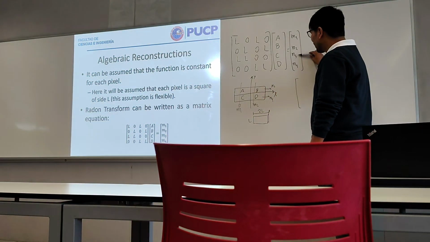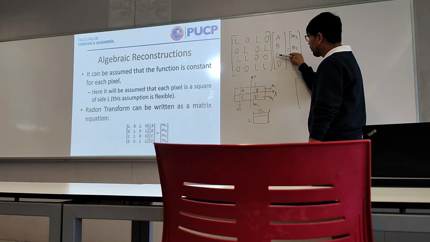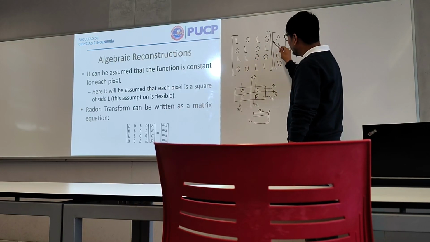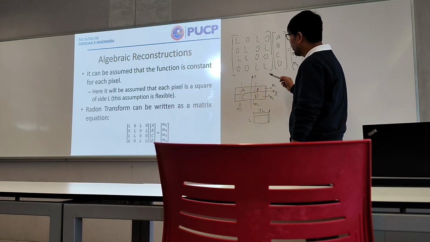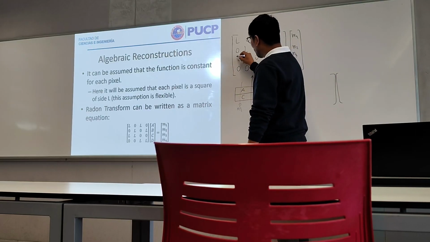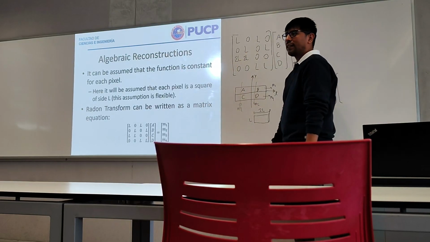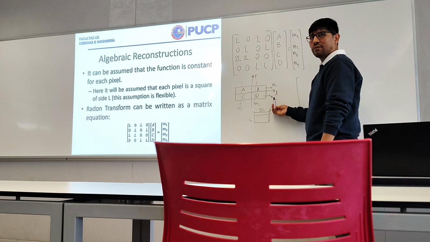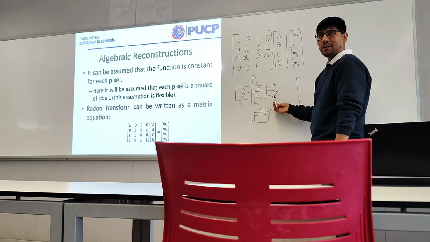So for the row M3, we should have before, no? L times A plus L times B plus 0. But now, in this example, we have something like this, 2L, 2L. And for M4, also the same, right?